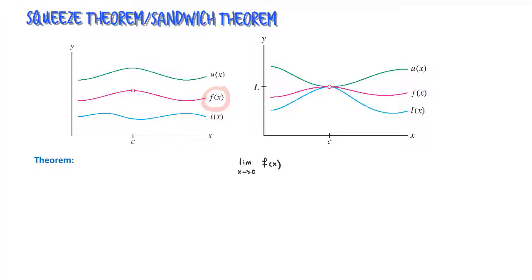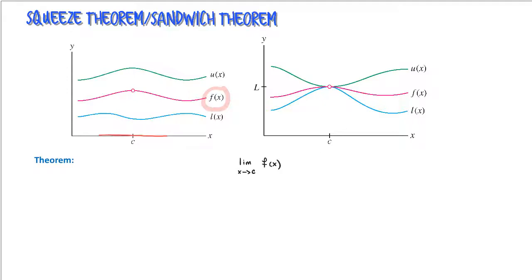And we're going to have to show that f of x is between u and L. In other words, f of x is trapped, completely trapped between u of x and L of x in a neighborhood around c. So we only care about what happens in a neighborhood around c.